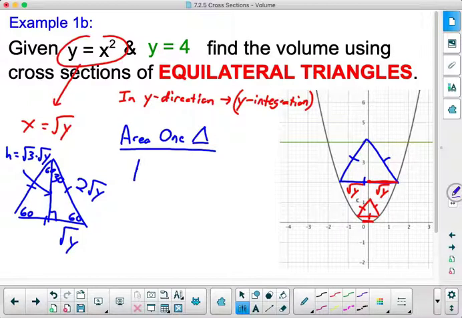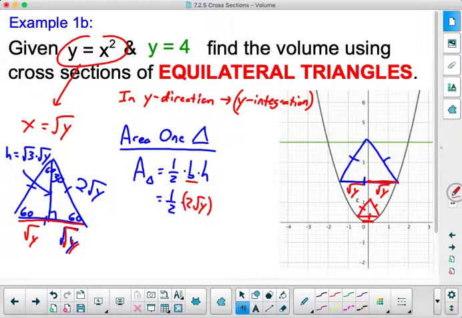So when I come over here and find the area of my triangle, if I think of it as 1/2 base times height, I'm going to have 1/2. The base, though, is actually going to be this whole thing right here. So the square root of y, square root of y. So I'm going to have 2 square roots of y. The height is this piece right here using my special right triangle rules, which is the square root of 3 times the square root of y.